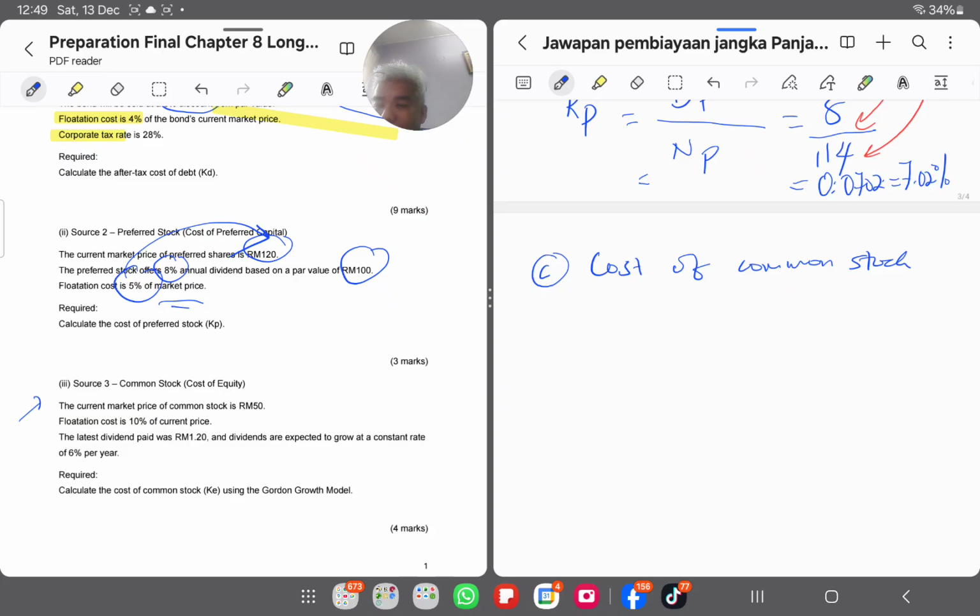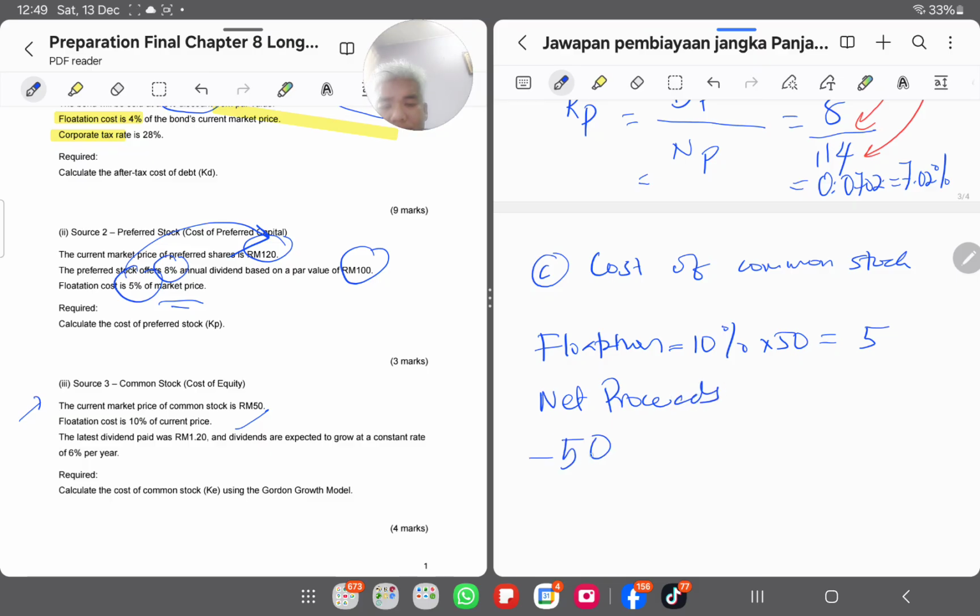So from the questions, flotation is 10% of current price. Current price is 50 ringgit, then flotation is 5 ringgit, and then net price NP is 50 ringgit market price minus 5 ringgit, RM 45. So remember the flotation, you need to deduct from the market price.